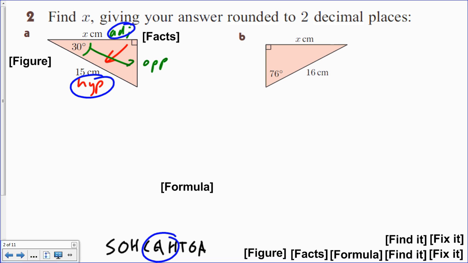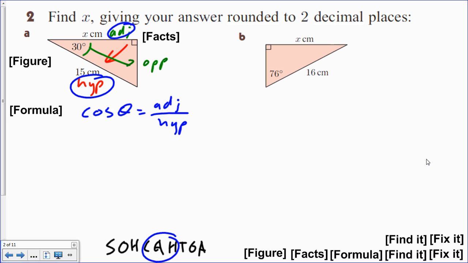So we now put in our formula. Formula: cos theta equals adjacent over hypotenuse. Now we need to go through the process of finding it. We need to put in the information that we have in the question. So we have cos 30 equals, now adjacent is x and hypotenuse is 15.